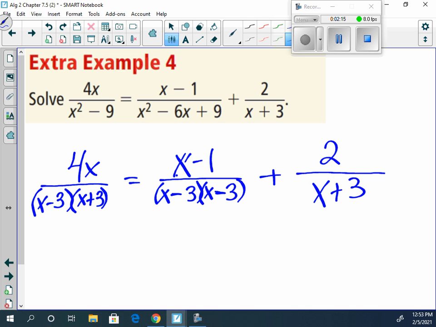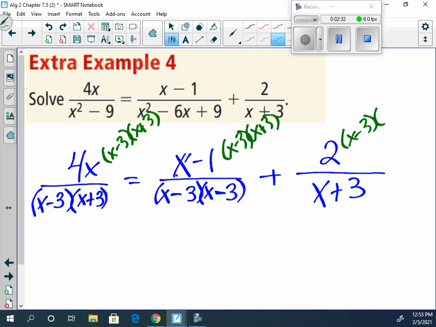Well, as we've done this before, we have x minus 3 and x plus 3. They show up in all these spots. So I can multiply each one of these by x minus 3 and x plus 3. And this will work just fine, right?